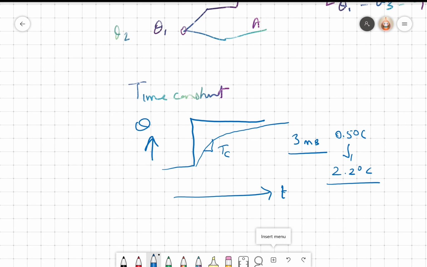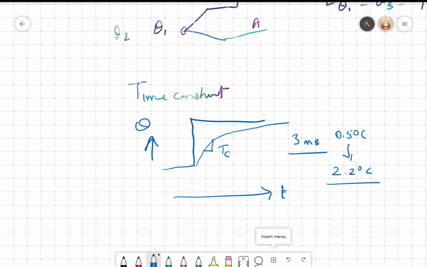Again, it depends upon the particular type of application. Even though we talk about the linearity of thermocouples, they are not that highly linear. There is a little bit of nonlinearity.